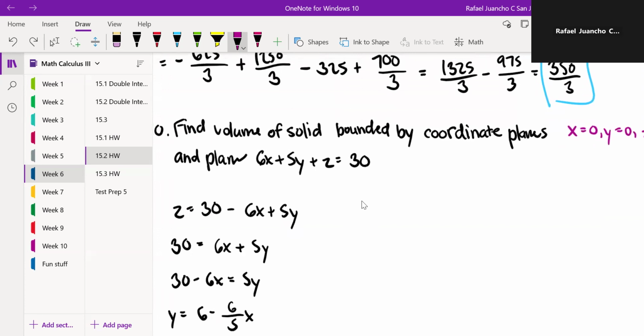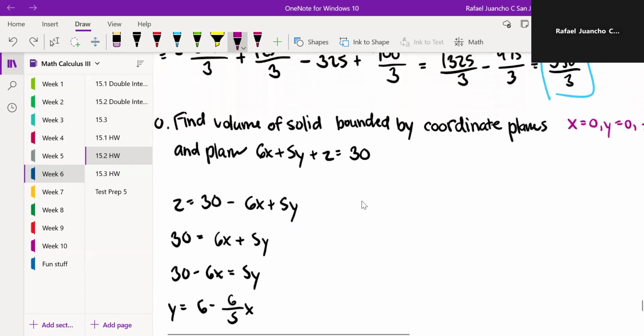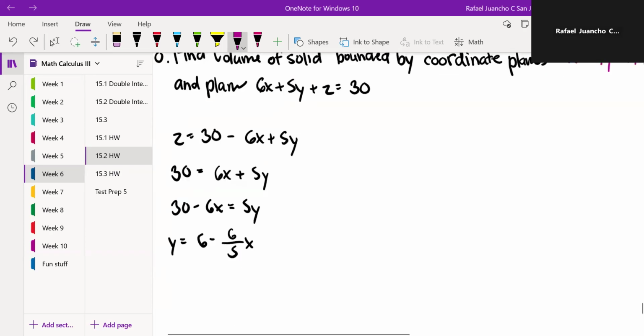Just a hunch. The x-intercept is found by setting y equal to 0. And so that's going to be 6x equals 30. So x is 5. And if we set x to 0, then 5y equals 30, y is 6.